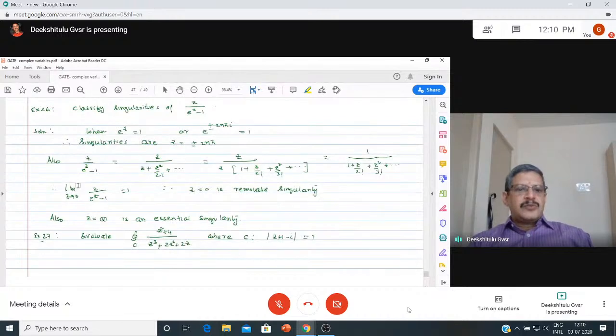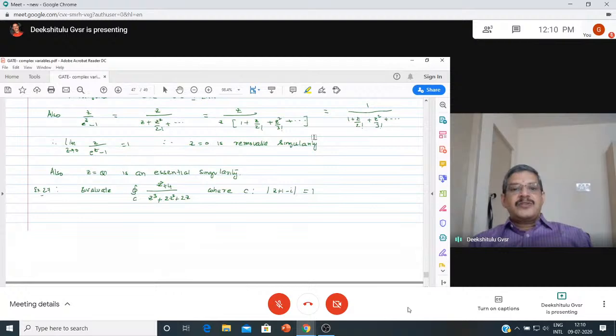So z is equal to 0 also. Whenever z is equal to 0, what happens? e power 0 is 1, and e power 0 minus 1 is 0. So z is equal to 0 is also a singular point here. But if you define the function like this, you can remove the singularity, provided the limit of z by e power z minus 1 exists.